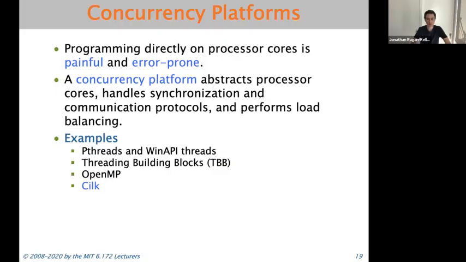This is the first and most basic form of parallelism and concurrency management available in Java also. They all look roughly like pthreads. Pthreads is just a nice standard. Then we're going to look at three progressively more abstracted concurrency mechanisms: threading building blocks, OpenMP, and Cilk.